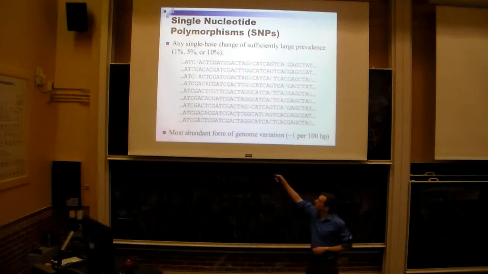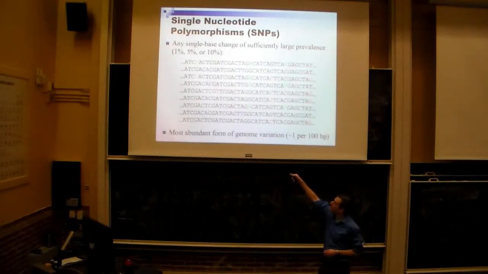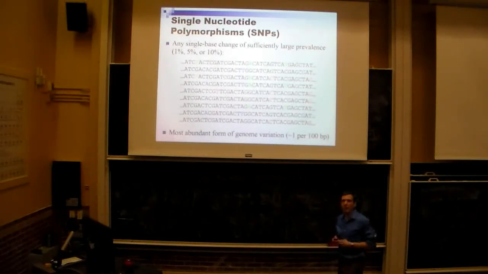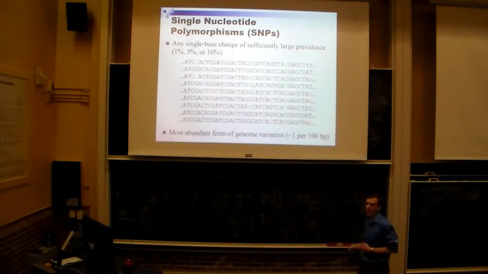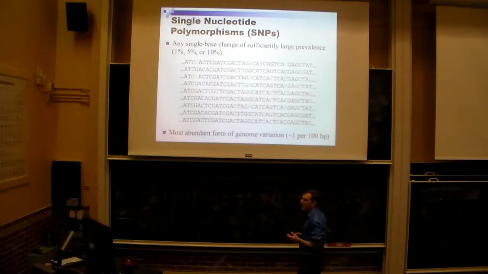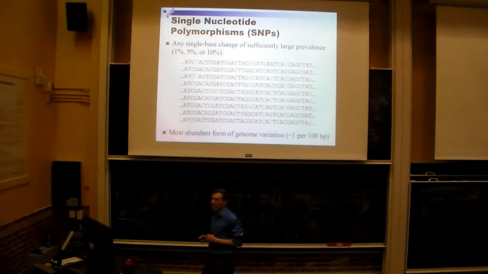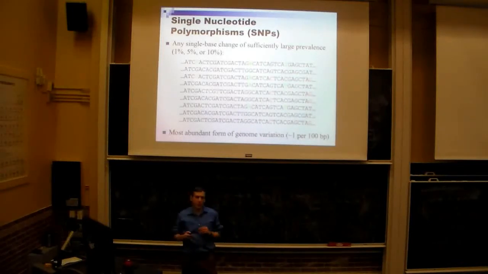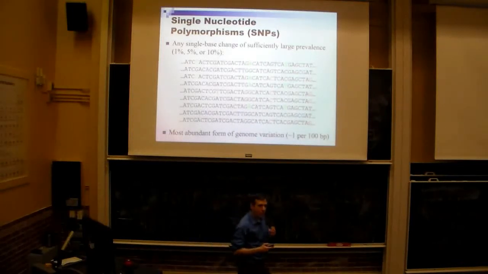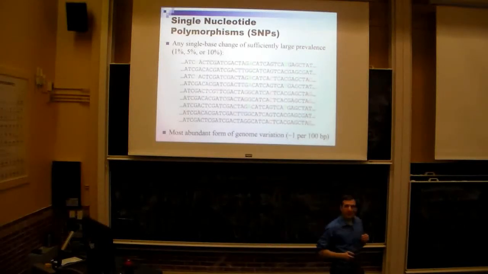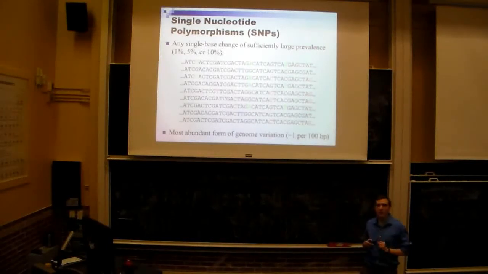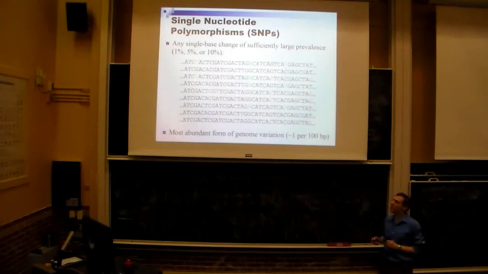So the threshold frequency can vary between different definitions. 1% would be a typical threshold frequency, but we might pick a higher one. And people also sometimes disagree on exactly what these refer to. Does it really have to be one base flipped to another base? Is a deletion or insertion of a single base something that counts here?